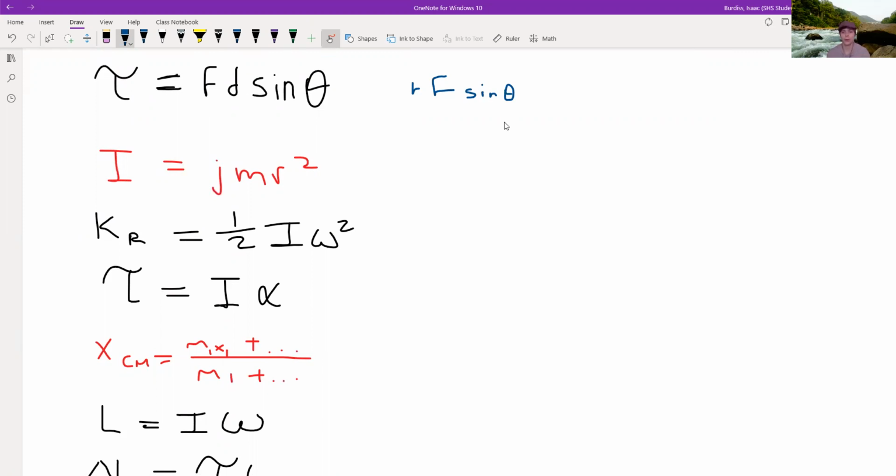Work is force times distance times cosine of angle, and Turk is force times distance times sine of angle. So if you remember Turk work, that's what helps me. But you can also just know that it's the same thing, in a different order, and there's an r instead of d, but they're the same thing.